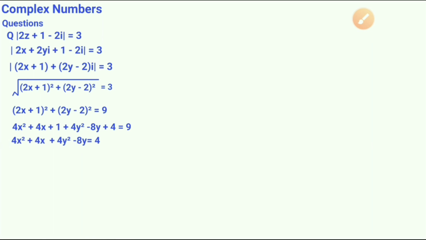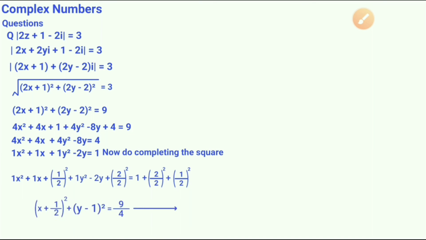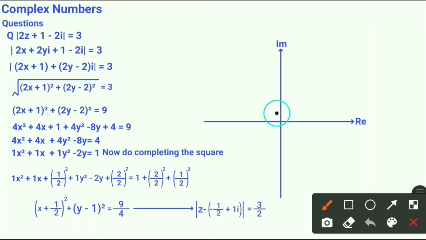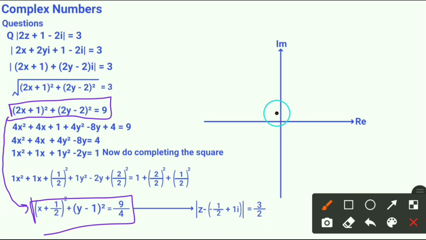doing the same thing as before, and after doing all this, what we're going to get is, okay, starting from here, we need to simplify this, and after doing some simplification, just like completing the square in the equation of the circle, we came down to this one, and this is the simplest form, where the square root of 9/4, 3/2, is the radius, and -1/2 and y are the coordinates.